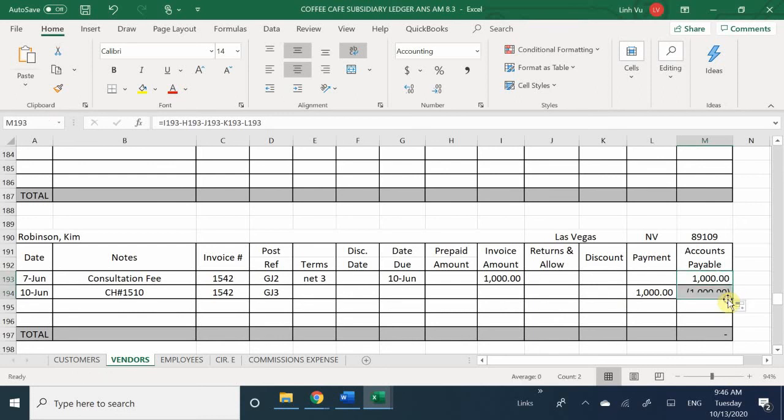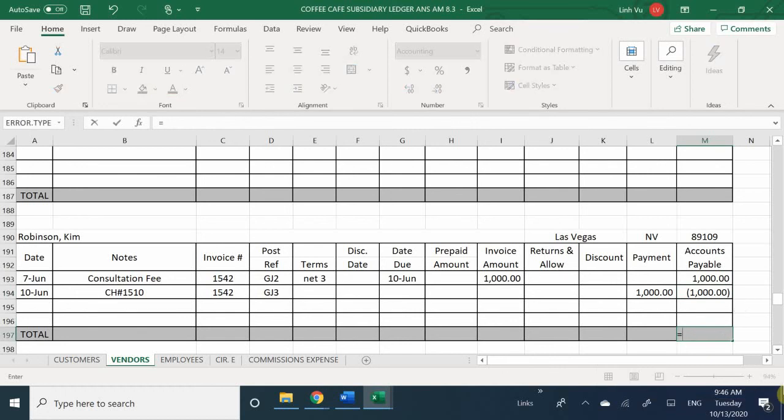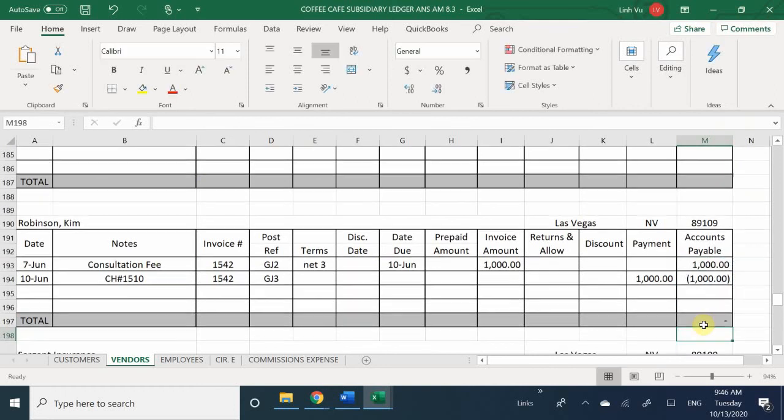So what's going to happen is it's going to reflect that I paid a negative amount of 1,000. And if you summed up this little column right here, equals sum, you're going to notice that the amount that you owe went from $1,000 to now 0.